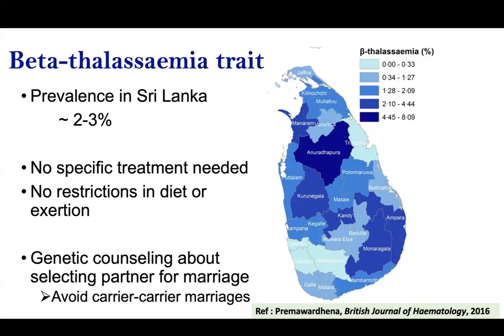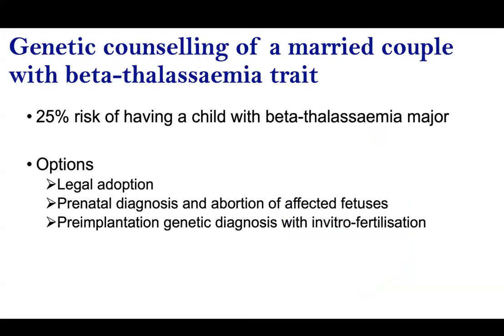Again, the genetic counseling advice you need to give is to screen your partner before the marriage. If you marry another thalassemia trait, there's a 25% risk of having a child with thalassemia, which is not a reasonable risk to take.